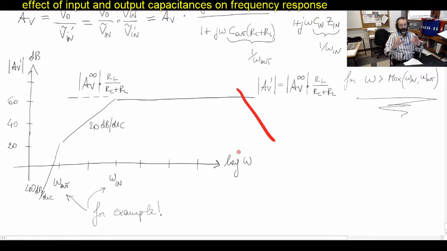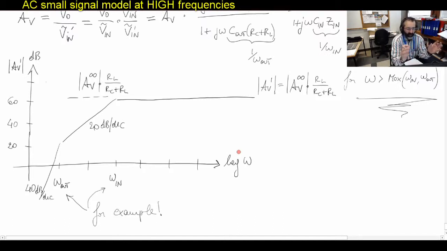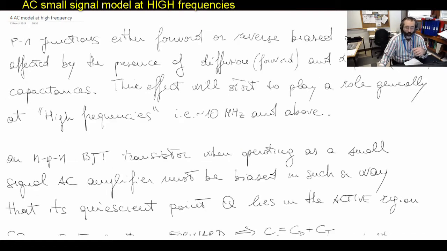This picture is completely true and valid in the framework we are working with, that is the low frequency regime operation of the AC small signal model. We are assuming that we are at low frequencies, up to, say, a megahertz. Now the thing we need to consider is that when we go to high frequencies, there are other things that become important.